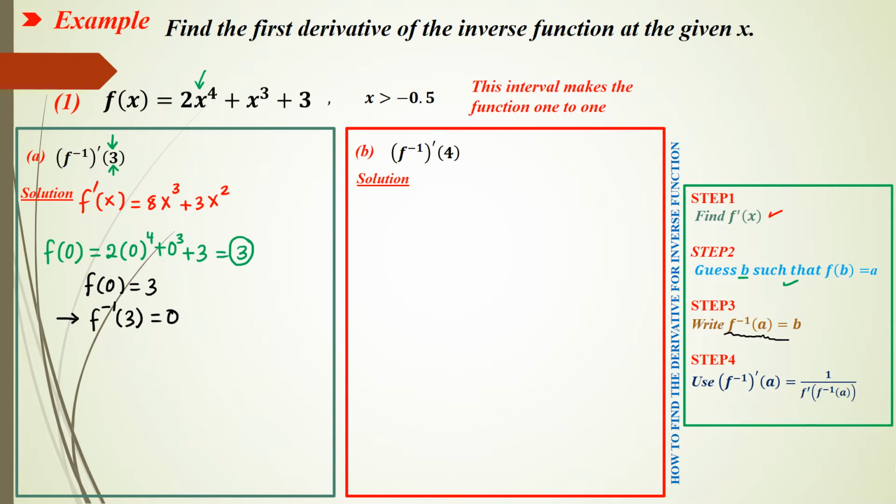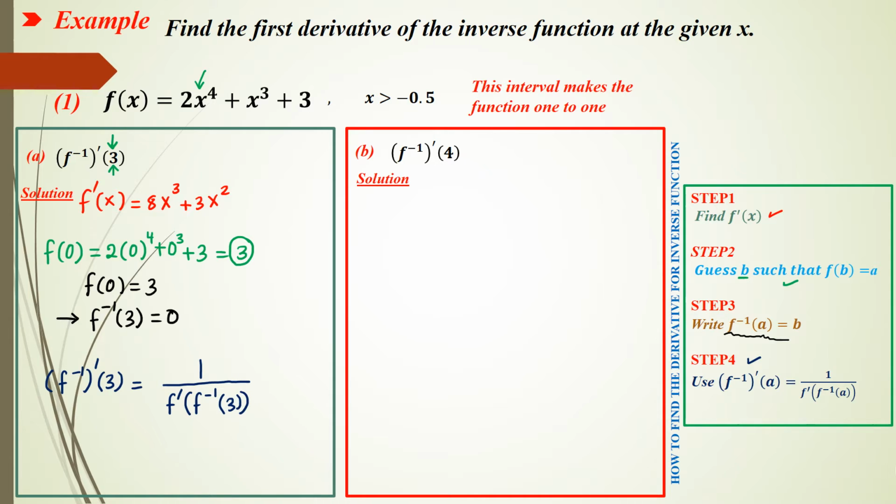Next you have to use the rule of the derivative of the inverse function, and this is the rule in step 4. We want to find f inverse prime at x equals 3, and this equals 1 over f prime of f inverse of 3.